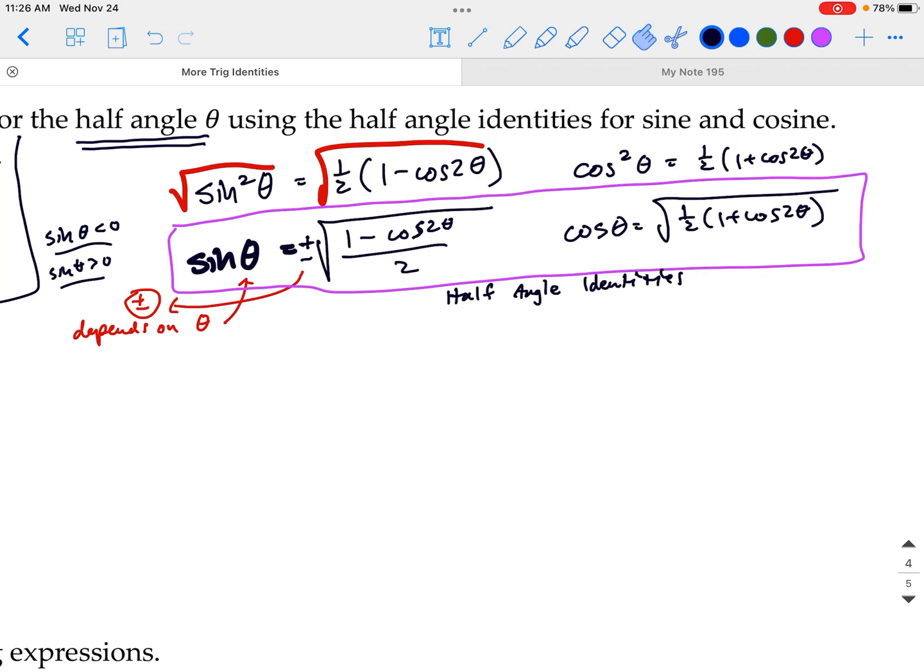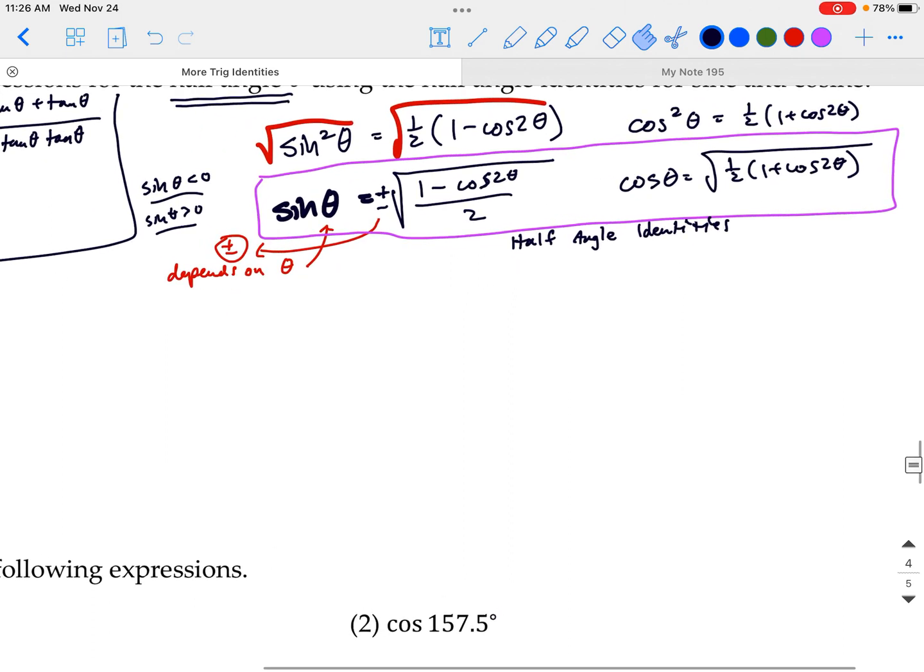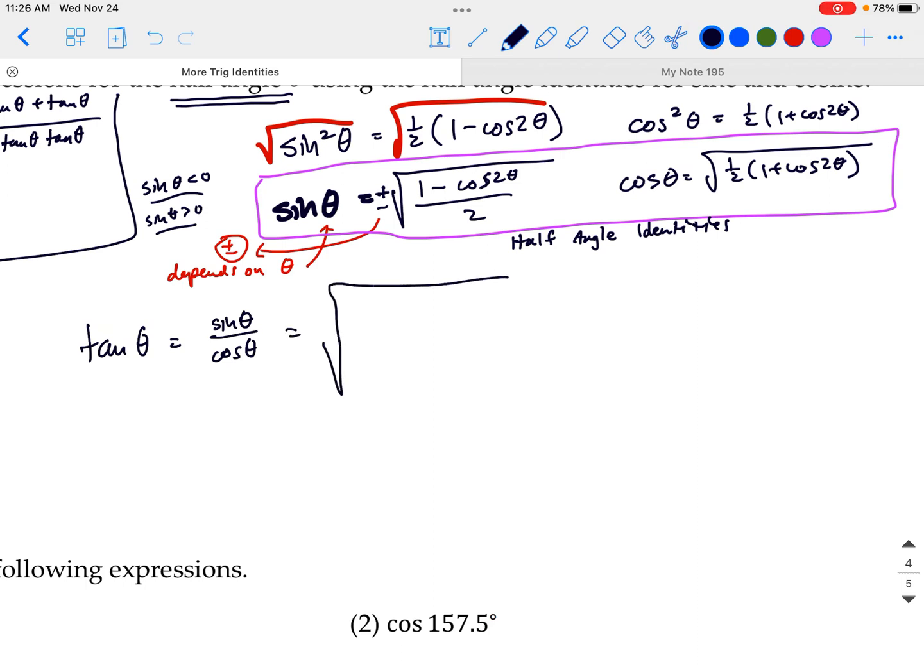So now the question is, what about the tangent half angles? So we can see that tangent is just going to be the ratio of sine theta over cosine theta. So then using our half angle identities, we'll have 1/2 times 1 minus cosine 2 theta over 1/2 times 1 plus cosine 2 theta.